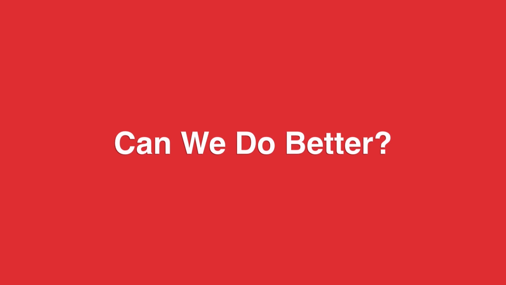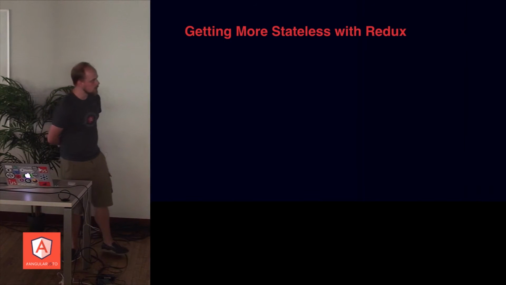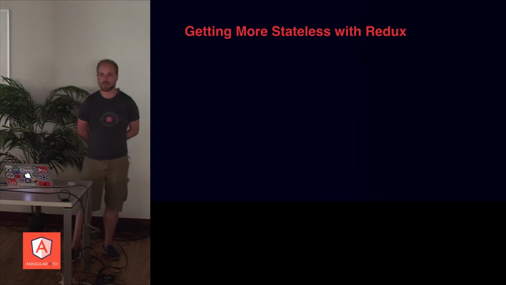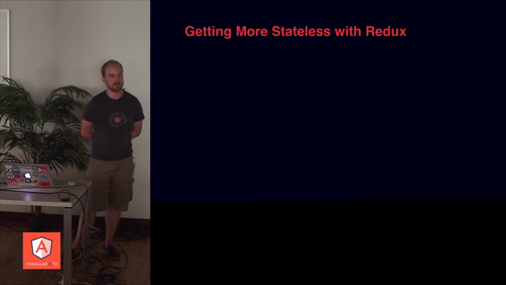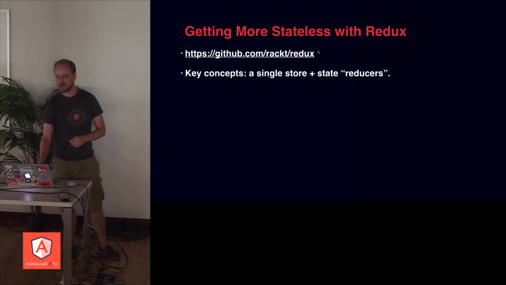So this is a very clean model. But we can do a little bit better. There's a variation of the Flux pattern, which is called Redux. People realized that if you're doing Flux in an optimal way, you typically just need one store. Because you're controlling the mutation in one spot at the dispatcher level, you don't need to have a whole bunch of little pieces of state in your application.